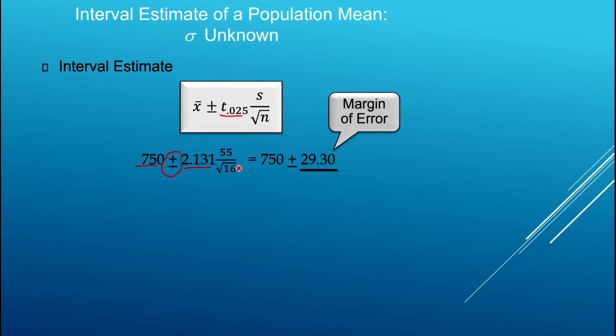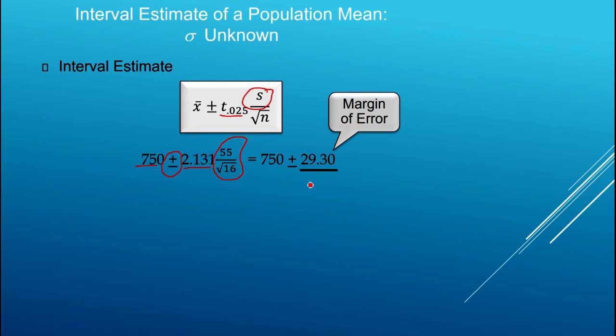And we have to divide that, of course, by the square root of n to get the standard error of the estimate, because we're talking about the sampling distribution of x bar here under the case where the population standard deviation is unknown. So we just put all the things into the formula correctly, and we get 750 plus or minus 29.3. So 29.3 is my margin of error.